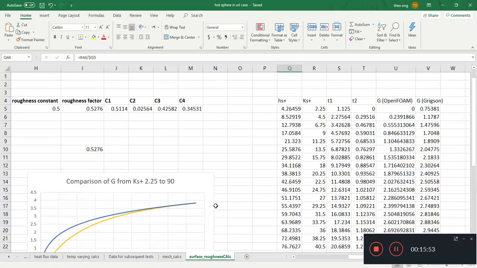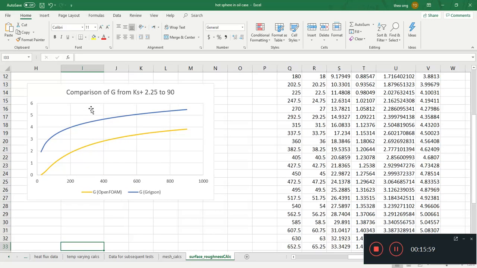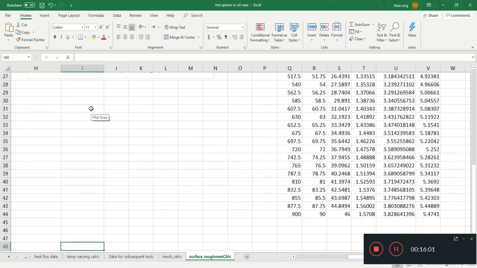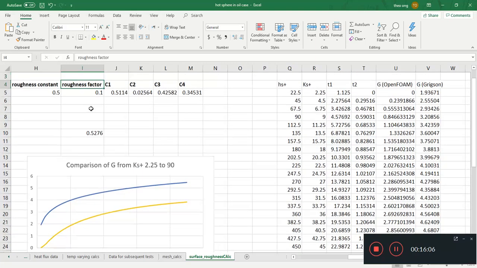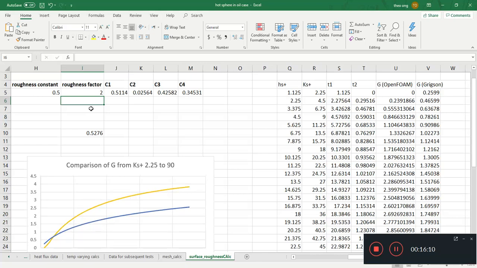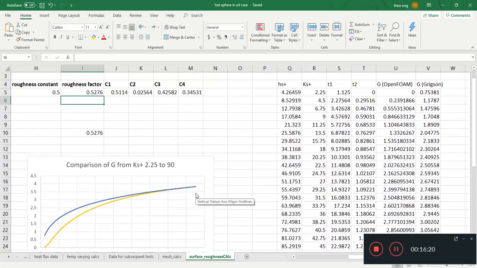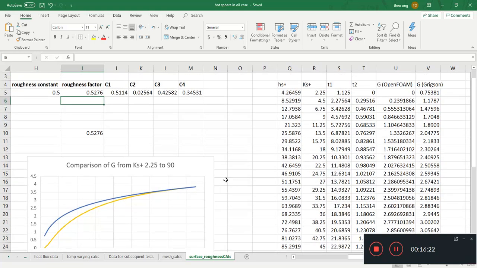Of course you can use different factors as and when you fancy, but something over 0.1 will give you a pretty off curve. Likewise, if you try and put it at 2, again you'll get a really awful looking curve. So qualitatively the nicest looking matching curves are found at 0.5276 roughness factor.